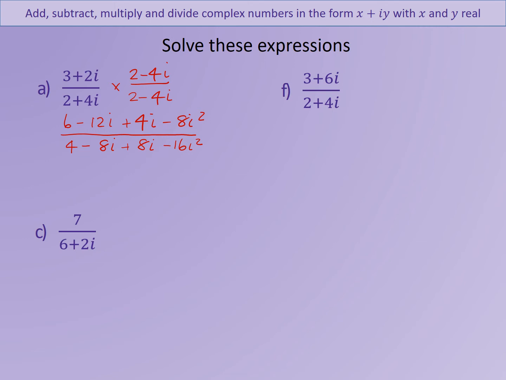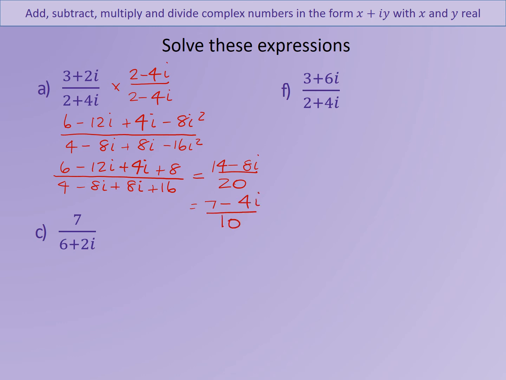Substituting in minus 1 for i squared is 6 minus 12i plus 4i plus 8, and that is over 4 minus 8i plus 8i plus 16, which simplifies to 14 minus 8i over 20, which reduces to 7 minus 4i over 10. And then both of these two components can be separated out.